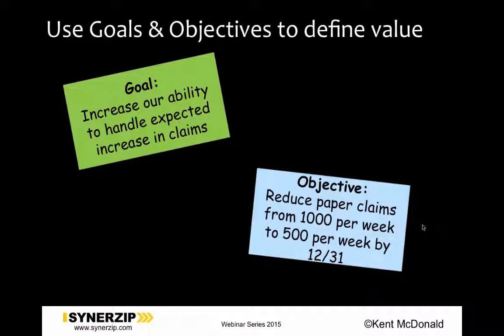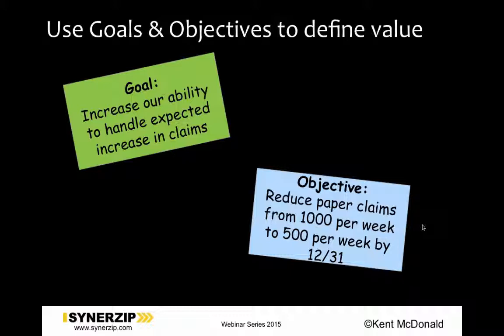But you've got a time-based objective here, and we know when we're successful because we've reduced the number of paper claims we get in a week from 1,000 to 500. Again, the premise is not that the overall number of claims will go down, but that those claims have moved to more electronic form. This is a way of defining value in a way that's useful to the people working on the project, to know where they're being successful.